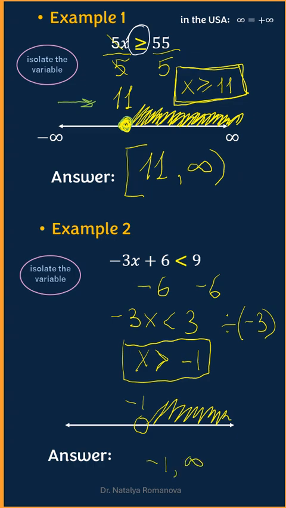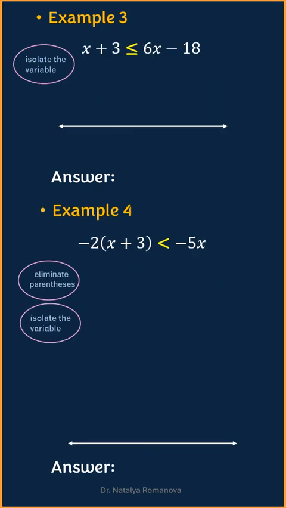Near infinity we must use parentheses, and when we have an open dot, we must use parentheses as well. So the answer for this inequality: parenthesis, negative 1, comma, infinity parenthesis. It is the interval for our given inequality.